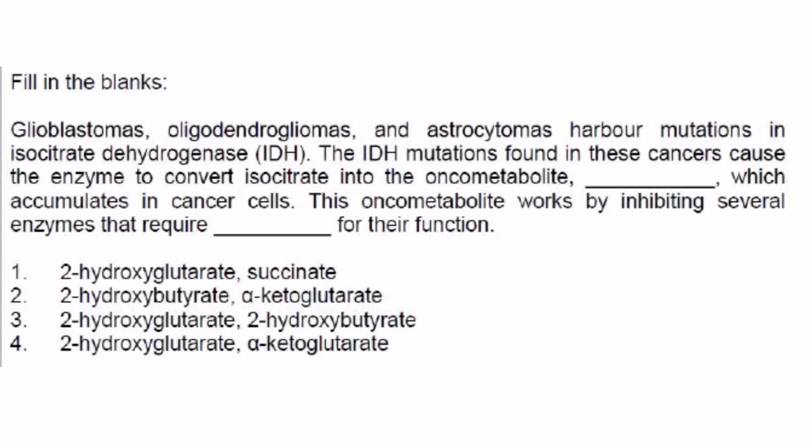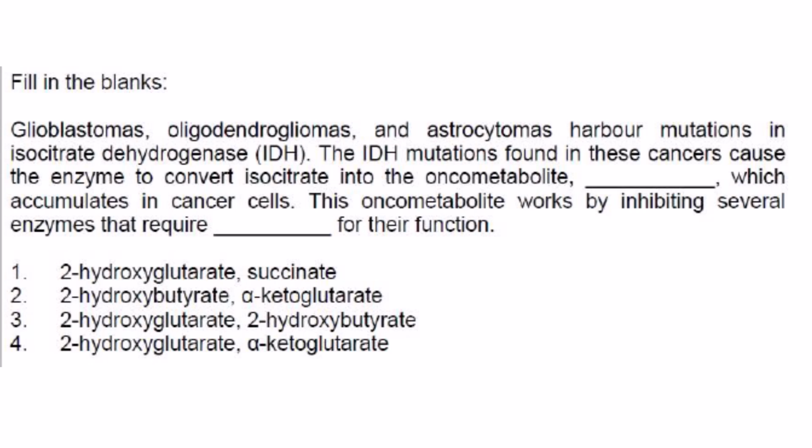That is what an oncometabolite does, which accumulates in cancer cells. This oncometabolite works by inhibiting several enzymes that require alpha-ketoglutarate for their function. Now these are certain cancers, and in these cancers the common thing is that they have mutations in their isocitrate dehydrogenase gene.